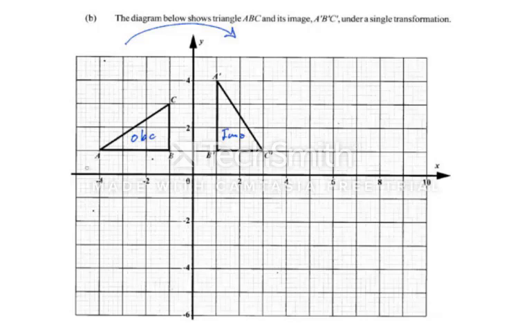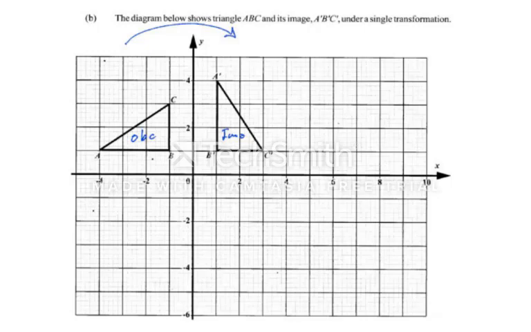So the line AB, which is horizontal, becomes the line A prime, B prime, which is vertical. So that's one clue, letting me know that I'm dealing with a 90-degree rotation. I know that the center of the rotation is the origin because the coordinates interchange. So A, which was the point minus 4, 1, became A prime, which is 1, 4. So the coordinates interchange. One of them changed sign, but that's not the issue. The issue is that the coordinates interchange.